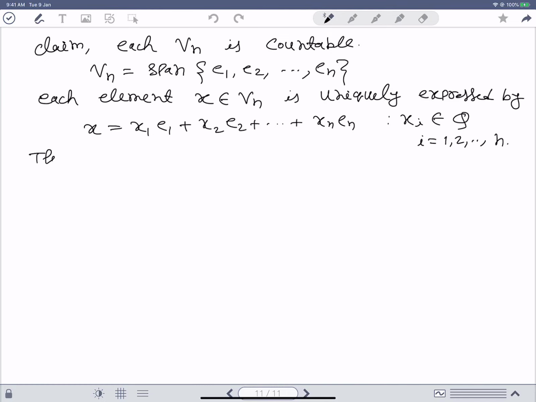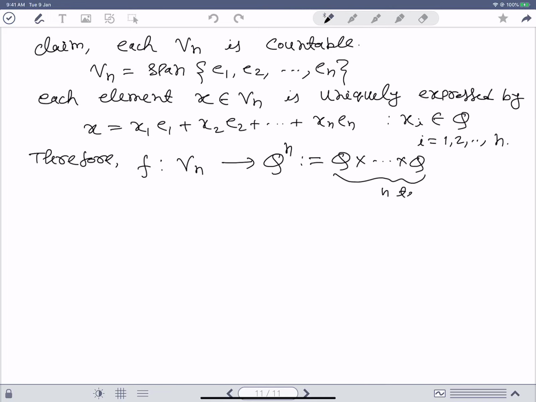Therefore, if we define the map f from Vn to Q^n, that is the product of n copies of Q, defined by x1 e1 plus up to xn en going to the tuple (x1, up to xn), this is a bijective function.